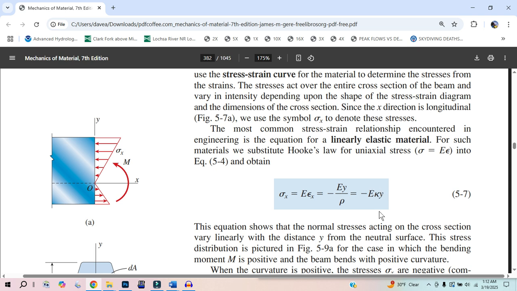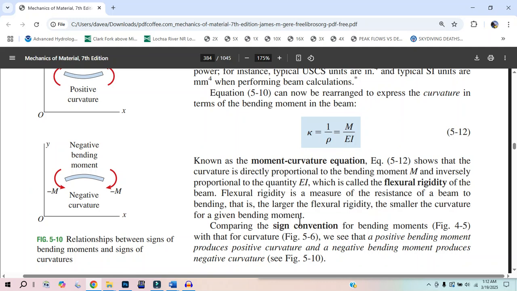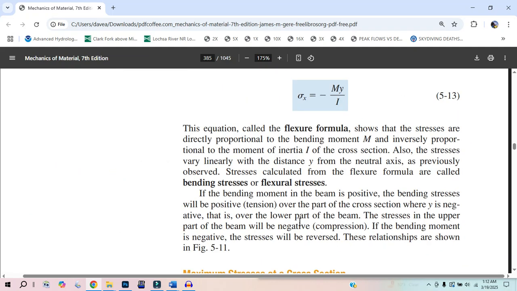We have My over I, and we got this negative sign. So positive, positive, positive, and then a negative. So if y is positive, we have a negative stress. That means the top is in compression. So yeah, that will work. And that's where we get sigma is equal to negative My over I.